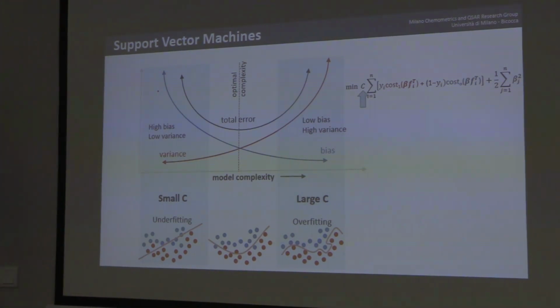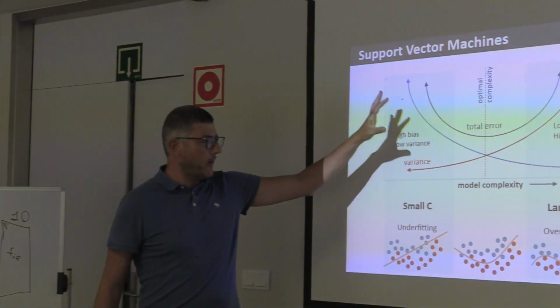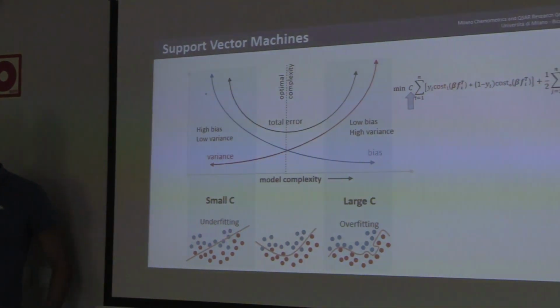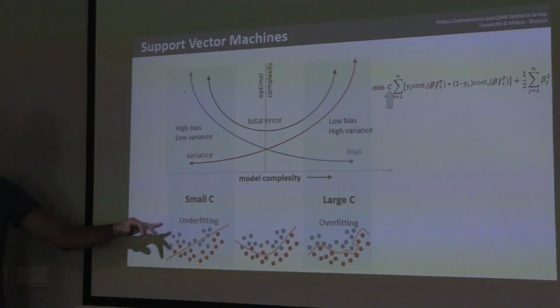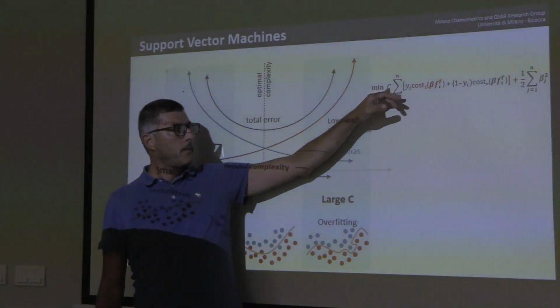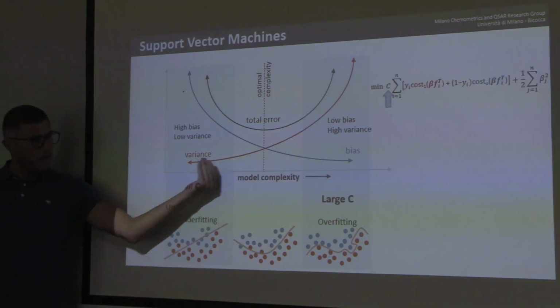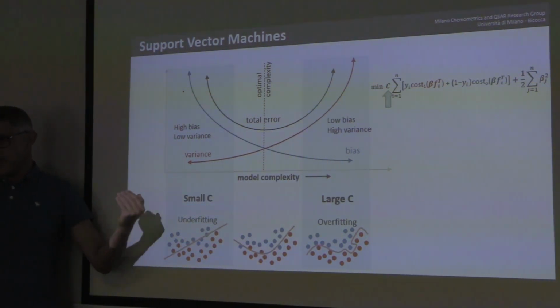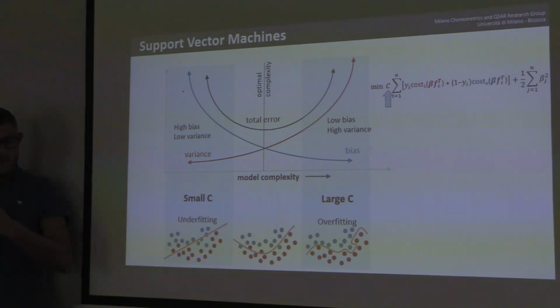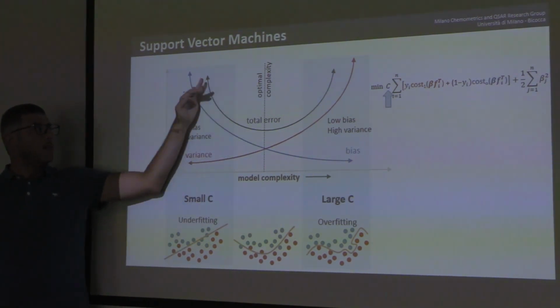Now, what is the effect of C and sigma in this framework? If you remember, we already said that using a too small C value means going in this direction. You want the margin to be too high, and you probably have a too high bias.